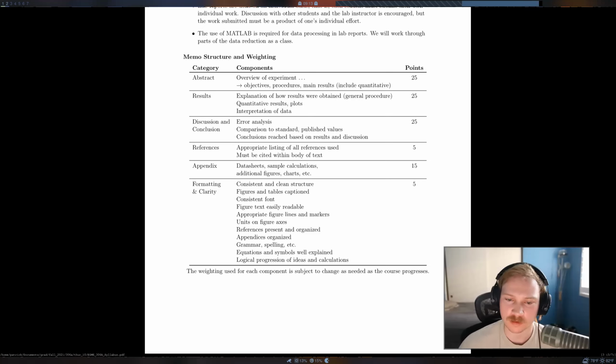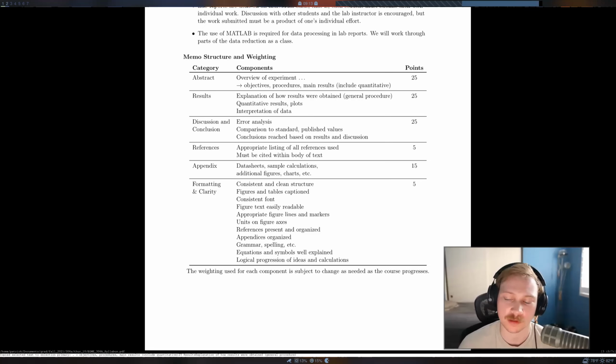So basically for this, though, you give an overview of the experiment, why it's important, what the objectives were. Procedure is very high level, meaning keep it really general. And then your main results. This is really important. What were the main results in the experiment? And you want to include the numbers, the relevant numbers.